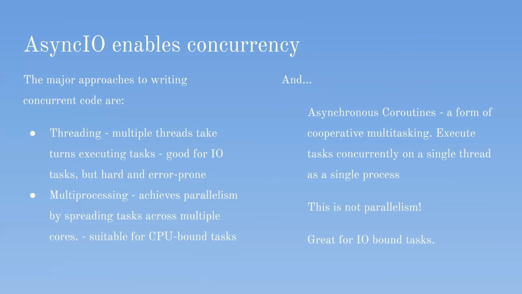It's a form of cooperative multitasking. We execute tasks in a concurrent manner, but on a single thread as a single process. So this is not parallelism because all of the tasks are taking turns on a single thread. And it's not the same as threading because it is only on one thread and not multiple threads. But it's great for IO-bound tasks.